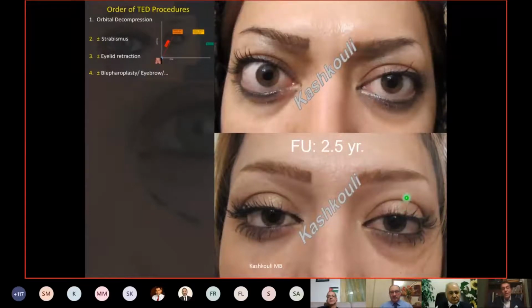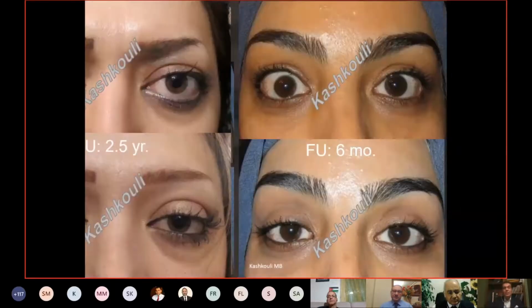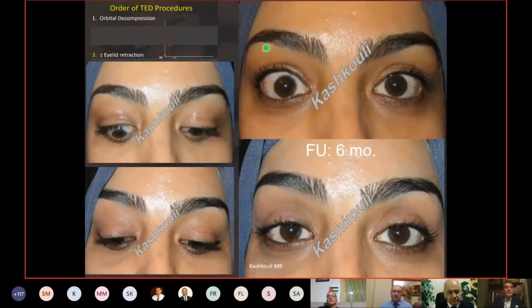This is one of the complications of lid retraction repair, but this is unavoidable. In some cases, we end up like this. And not only do decompression and then eyelid retraction repair improve the primary gaze appearance, but they improve the lag in down gaze, as was described by Dr. Hashim.